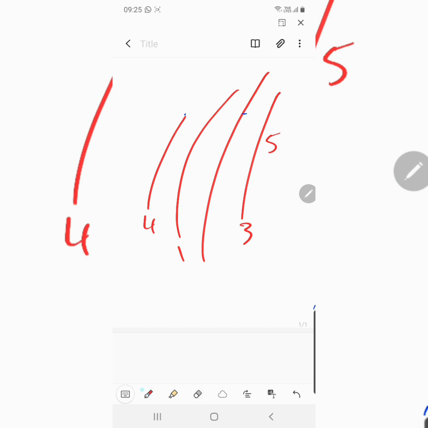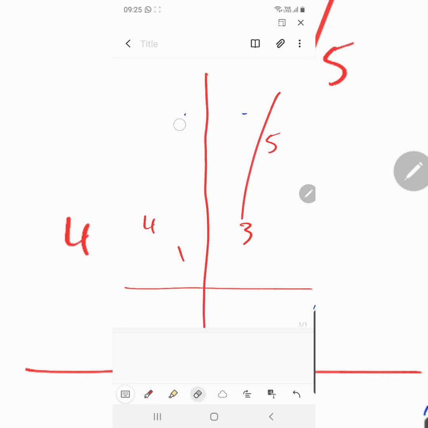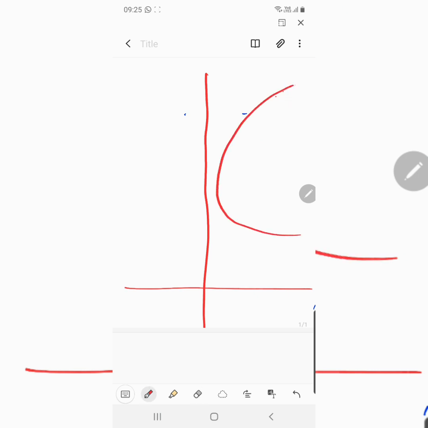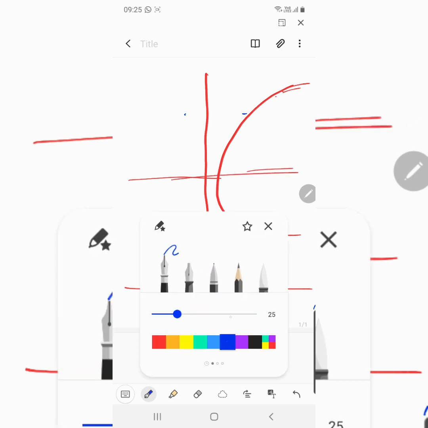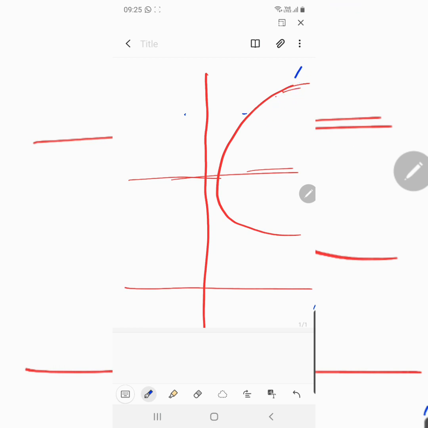Now, if this was an xy plane and this is a parabola like this, yeah. Parabolas of this sort are not learned in school because they are not functions. This bit here fails the vertical line test.